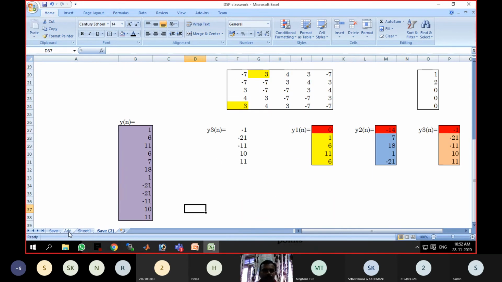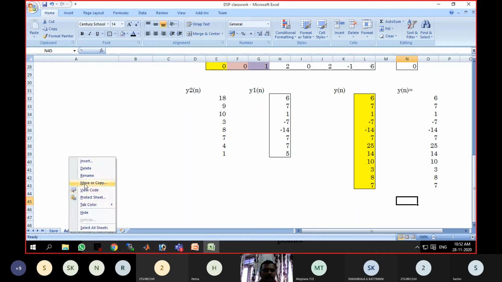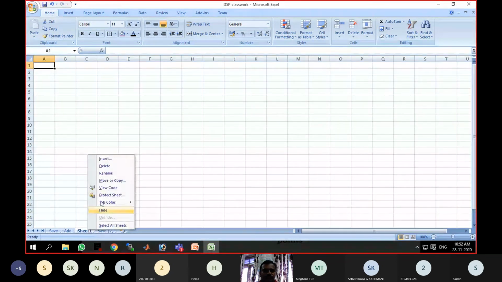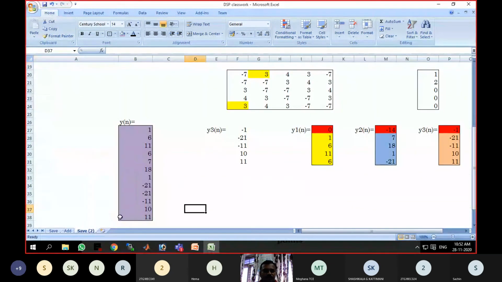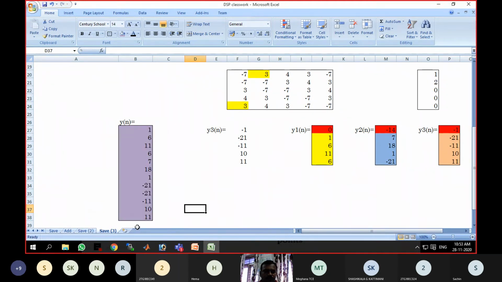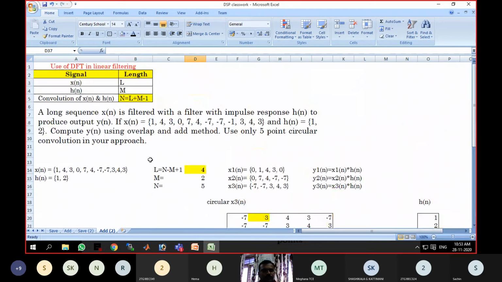Next, if we go for the add method, calculate that one. Okay.